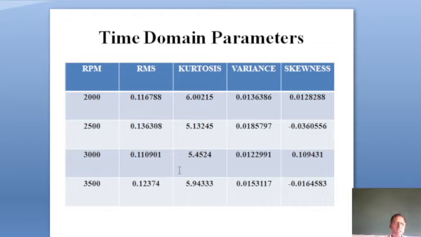Then these time domain acoustic signals are analyzed by using time domain statistical parameters such as RMS, kurtosis, variance and skewness. So these are the statistical parameters at various RPM, that is at 2000 RPM, 2500 RPM, 3000 RPM, 3500 RPM.